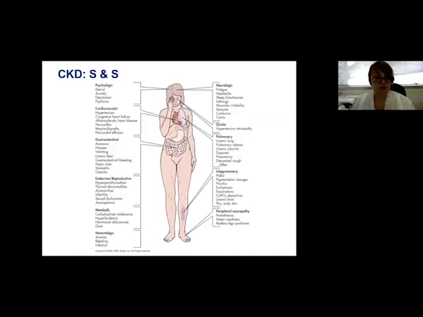So what happens when you get chronic kidney disease, and as it advances and becomes stage 4 and then stage 5, you develop a whole raft of signs and symptoms that affect every system of the body. It is not just the kidneys that are involved with having an advanced form of chronic kidney disease.